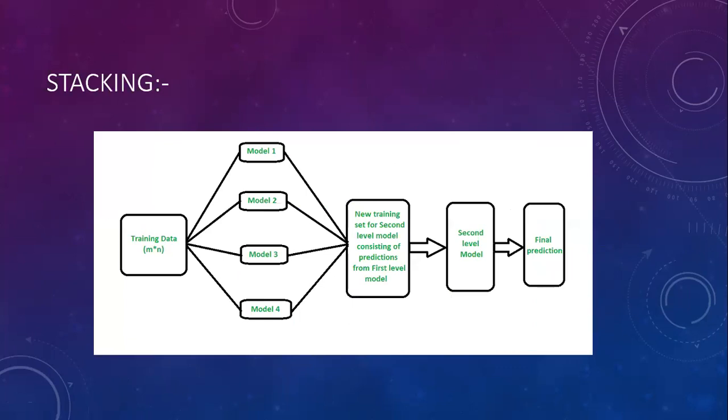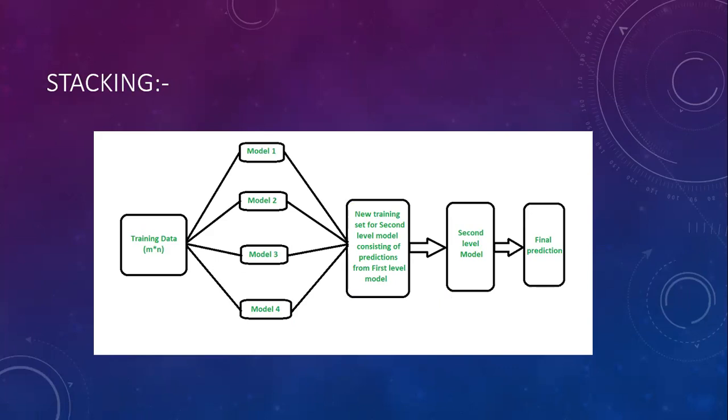Next, in stacking, the same data set is given to four different models. Then the four models give their own individual predictions. Then there is also the actual output of the training data.